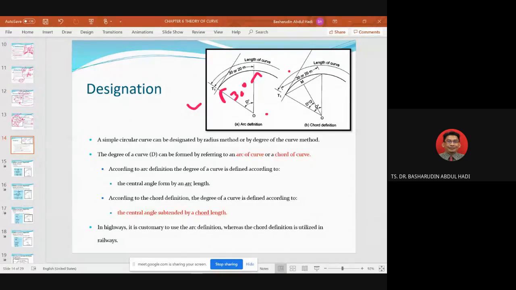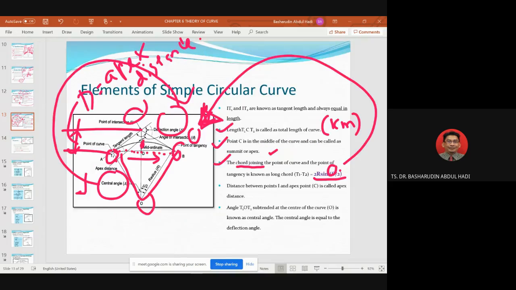If you want to measure the distance from T1 to the center, or apex, the distance is maybe 30 to 20 meters. So you can calculate, and this will show you the arc definition. Of course, we call it a curve, but this curve is a varying line. So now we cut it into small arcs, and these small arcs form the curve.